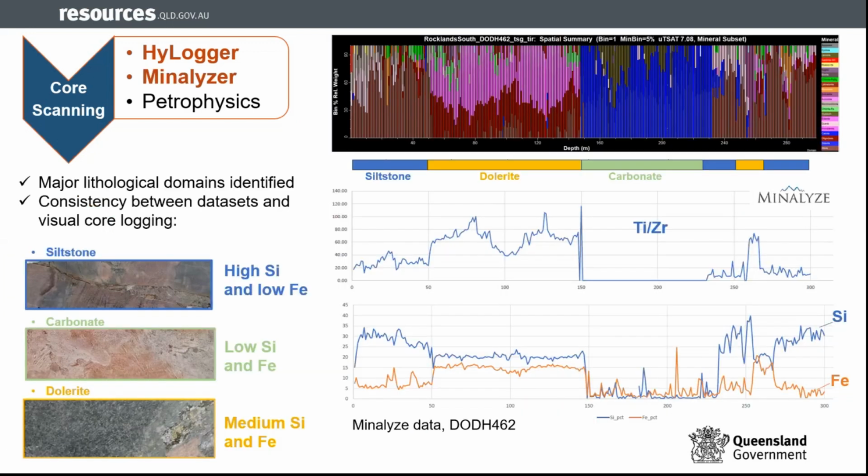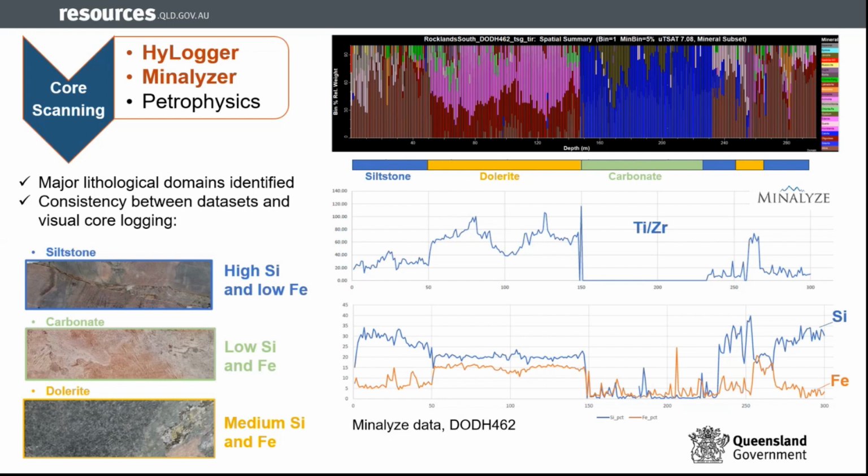And what is very pleasing is when we compare the different data sets, in this case the data coming from Mineralizer in comparison to our HyLogger data. So we have here distribution of iron, silica, and titanium zirconium ratio, which are very contrasting and correlate quite nicely with these domains which we define with HyLogger.